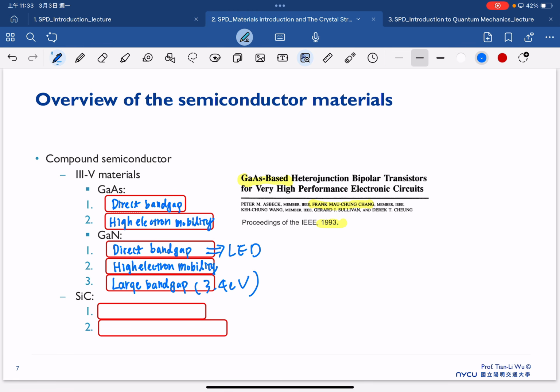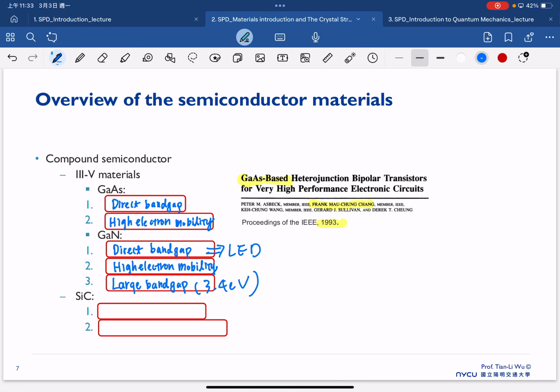And not only the III-V can be used as a compound, actually the group IV material with a combination of silicon and carbon, that in the end we have the compound material that we call silicon carbide, can also be considered as a compound.